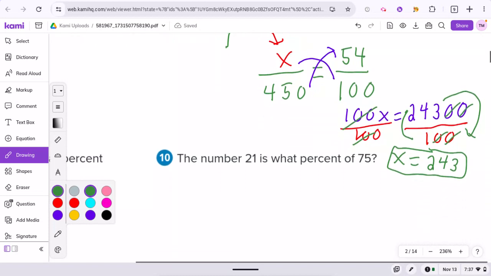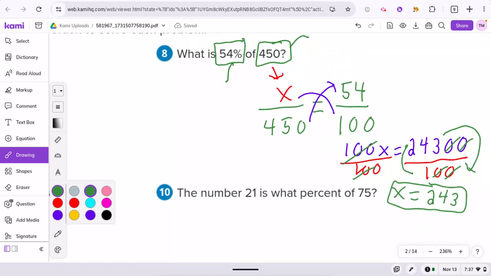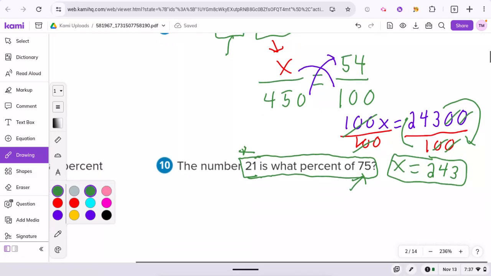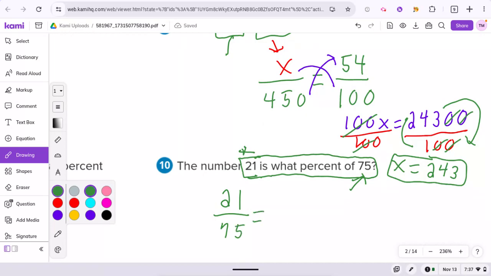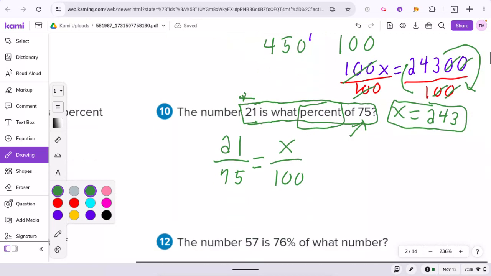Number 10. So this one's written a little differently. The number 21 is what percent of 75? So they're giving us the part, the 21, and they're giving us the whole. They want to know what percent that is. So we can put the part over the whole. We don't know the percent, so we put an X here.